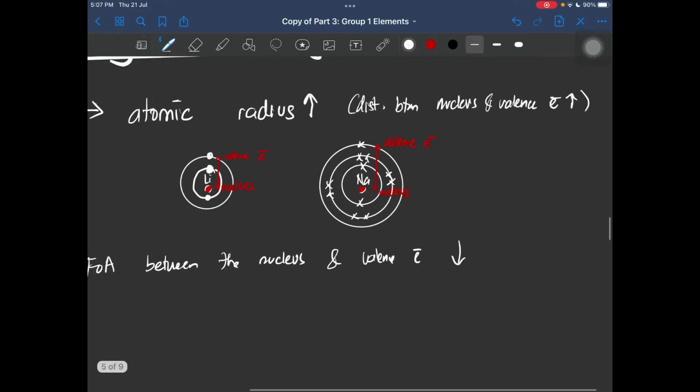Why are we talking about the nucleus and valence electron here? Well, we know that the center of gravity or the center of attraction is actually the nucleus, right? The nucleus, which holds most of the mass of the atom, because it's comprised of protons and neutrons.